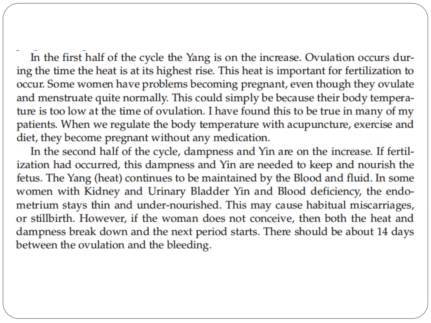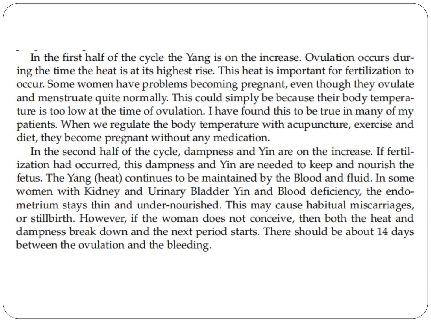In the first half of the cycle, the yang is on the increase. Ovulation occurs during the time the heat is at its highest rise. This heat is important for fertilization to occur. Some women have problems becoming pregnant even though they ovulate and menstruate quite normally.